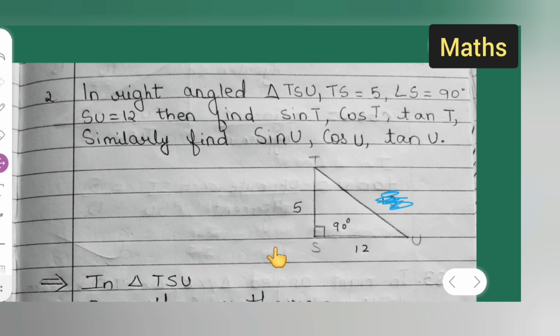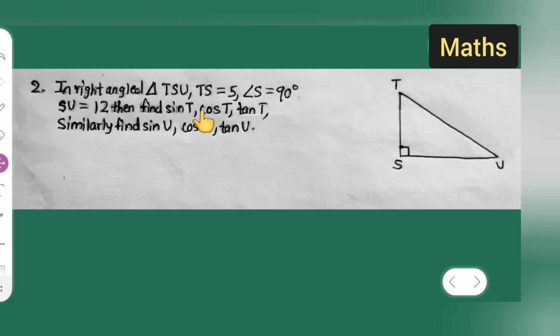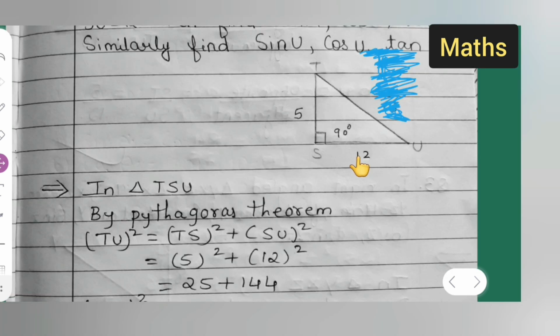So for that, let us see in triangle TSU, by Pythagoras theorem we need to find. TS is given, SU is given. To find the ratios sin T, cos T, tan T, sin U, cos U and tan U, we need the hypotenuse, which is not given, so we need to find that.